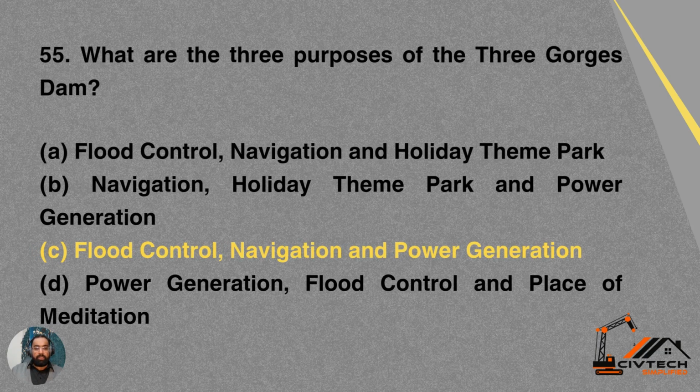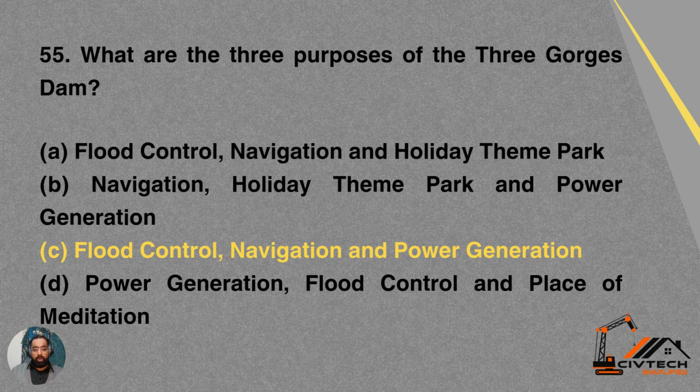Question 55. What are the three purposes of the Three Gorges Dam? Option A, flood control, navigation, and holiday theme park. Option B is navigation, holiday theme park, and power generation. Option C, flood control, navigation, and power generation.